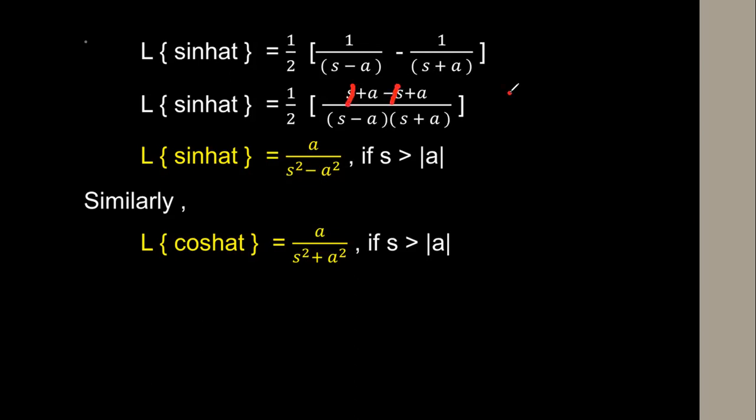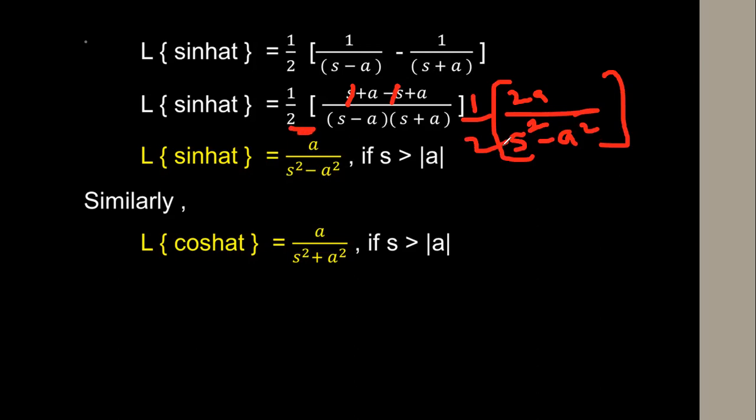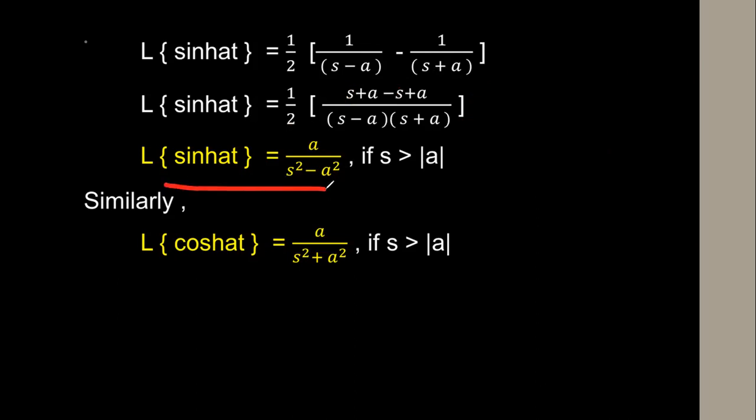Then in the numerator you will get 2a, and in the denominator s minus a into s plus a, that is s square minus a square, multiplied by 1 by 2. These two will get cancelled. Finally, you will get a by s square minus a square. So this is the Laplace transform of the hyperbolic function sin h, which can be directly written as a by s square minus a square.